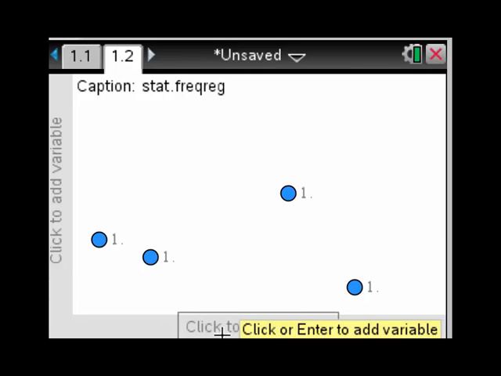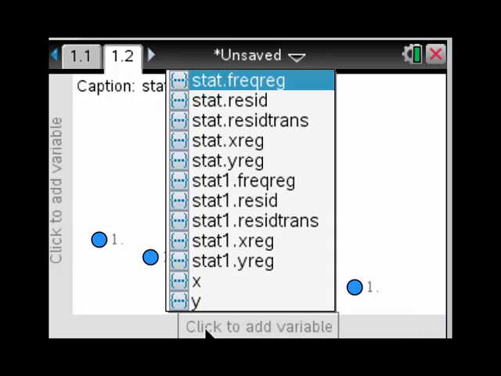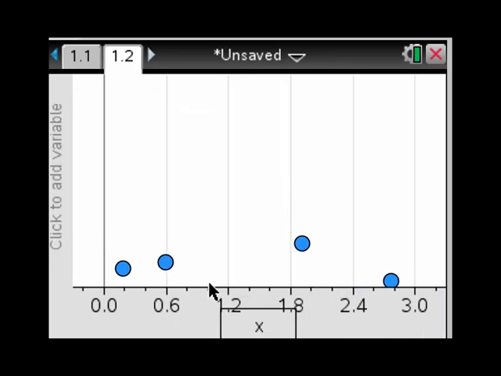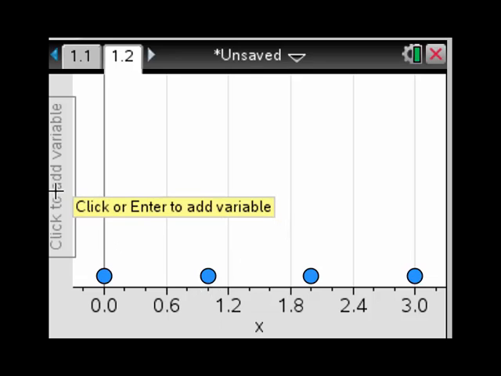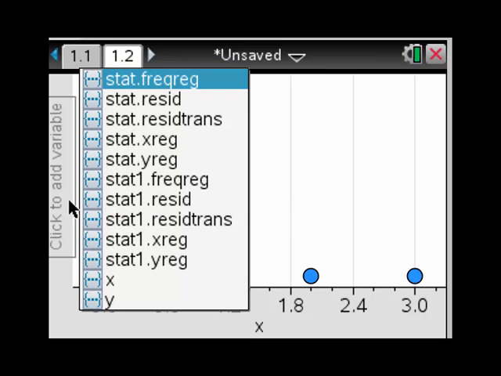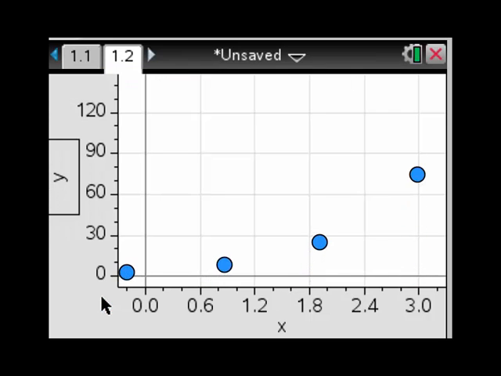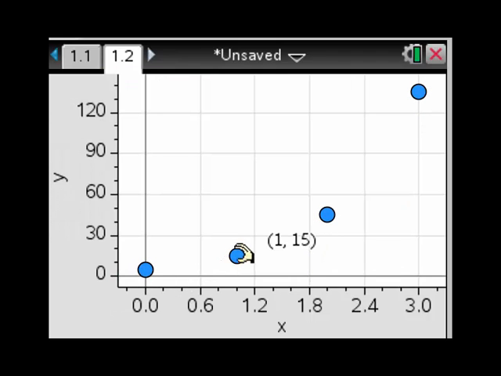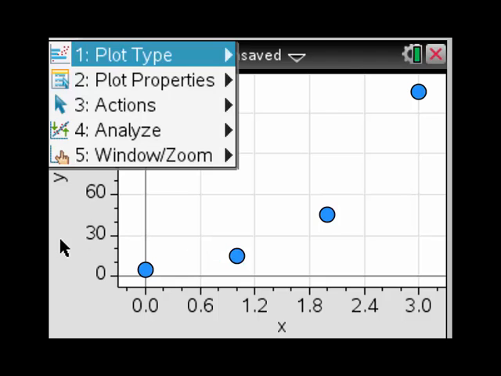We need to add our variables. So this is our x-axis, so we're going to click and call it x. And we watch the dots dance. Then we go over to where the y-axis is. We click and we put in y. And we notice, wow, that really looks like an exponential graph. So this is called a scatter plot. So we need to get the graph or the equation off of this graph or this scatter plot.